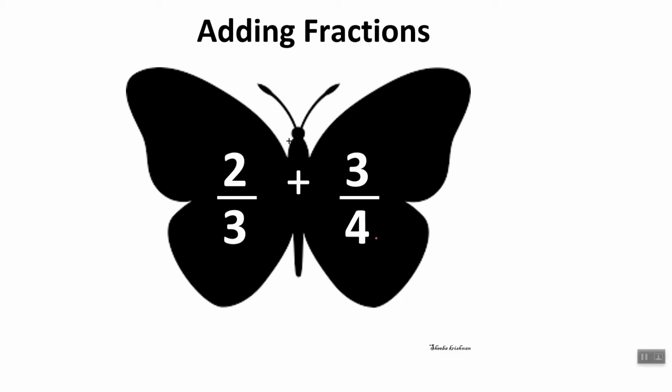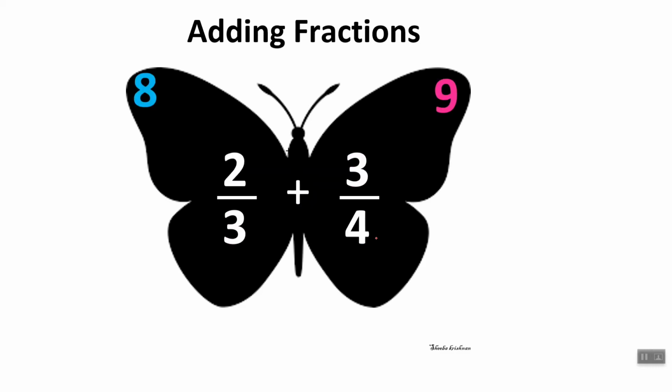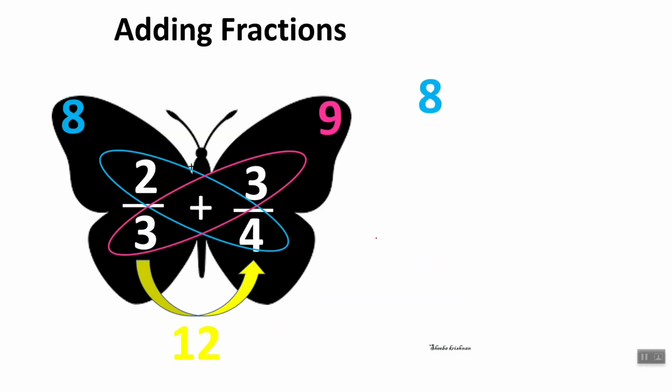So first we will multiply 2 and 4. 2 times 4 is 8. Then we multiply 3 and 3. 3 times 3 is 9. Then we will multiply the denominators 3 and 4. 3 times 4 is 12. So we got 8 by 12 and 9 by 12.